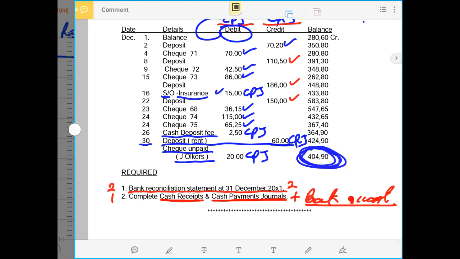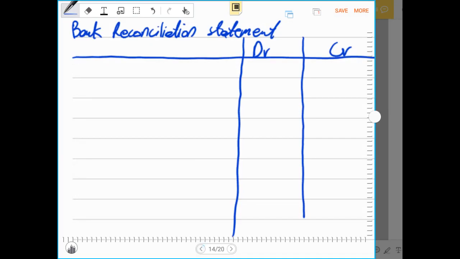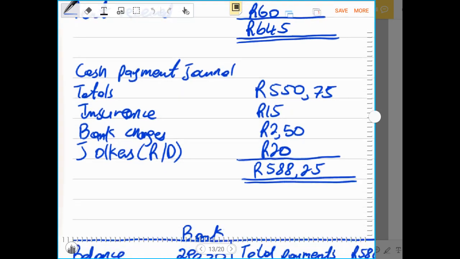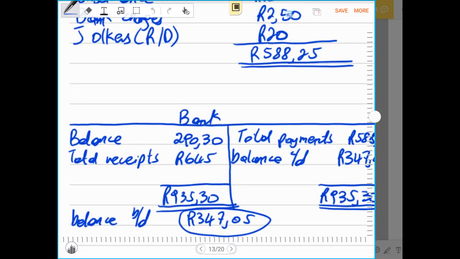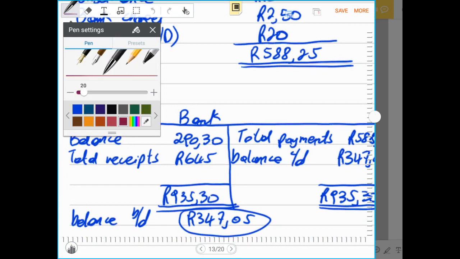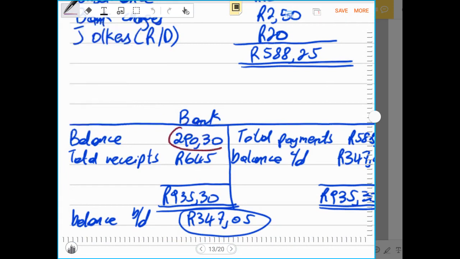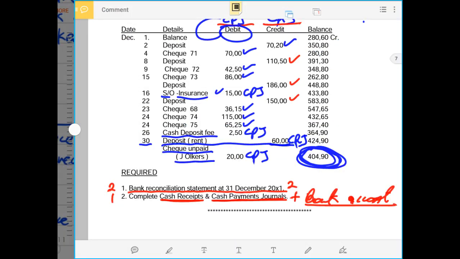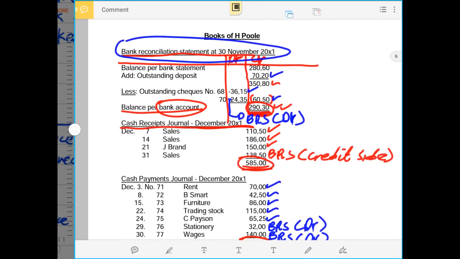Remember, just to go back, we had a balance of the bank account, which was this amount. The balance of the bank account came from the previous bank reconciliation statement, which was provided to us.